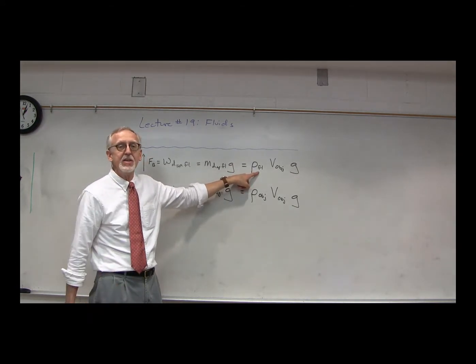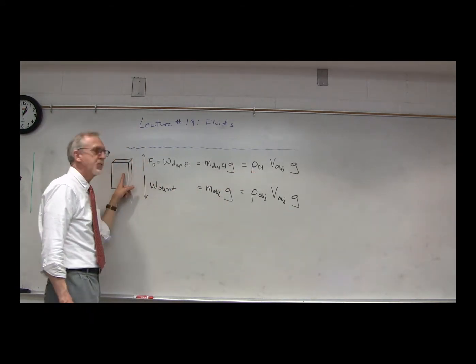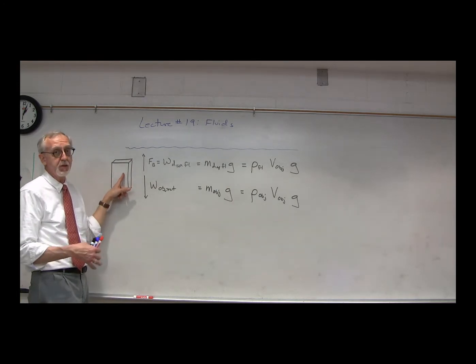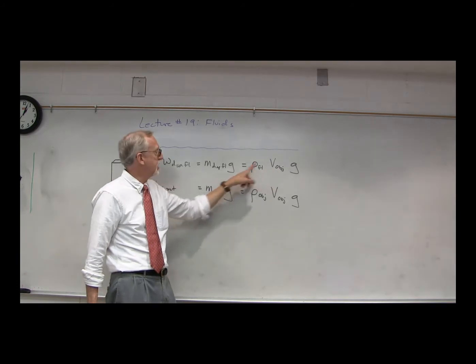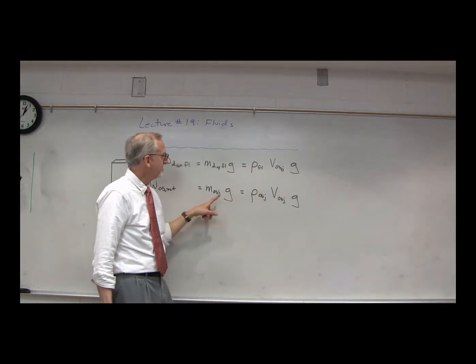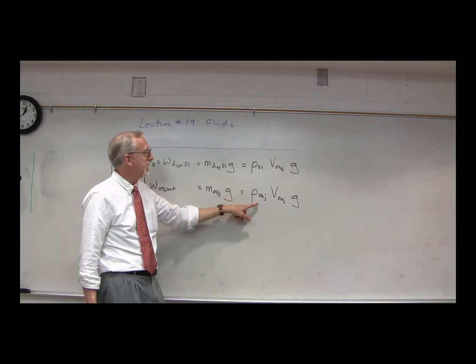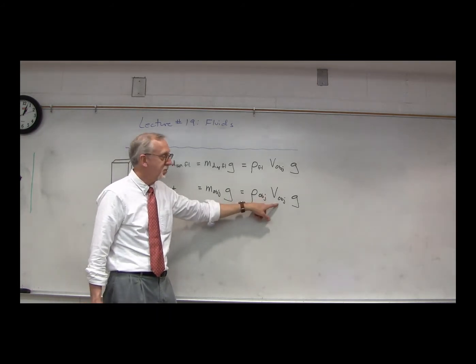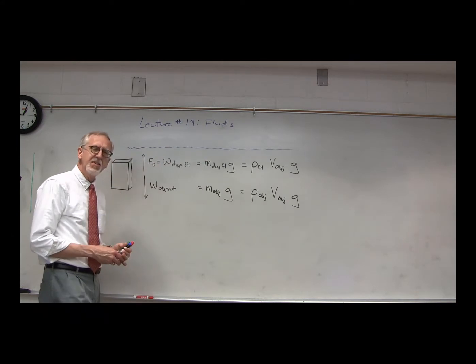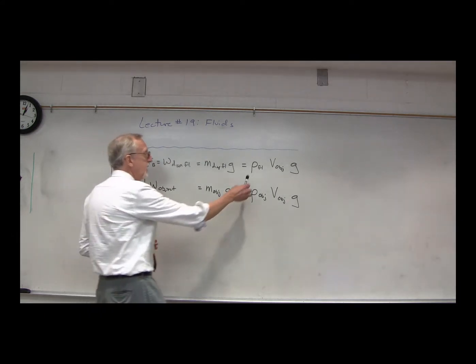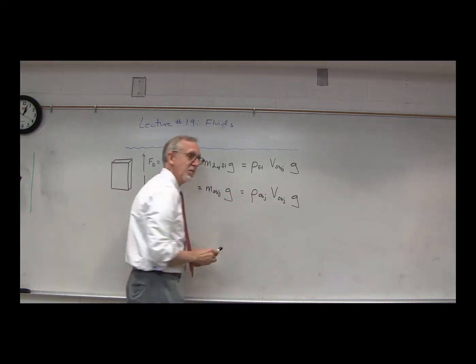times the volume of the displaced fluid, but the volume of the displaced fluid is exactly the same as the volume of the object. So this will be the density of the fluid times the volume of the object times g. While the mass of the object will be the density of the object times the volume of the object, and then times g. Now, which one of these is bigger? Is this quantity bigger, or is this quantity bigger?